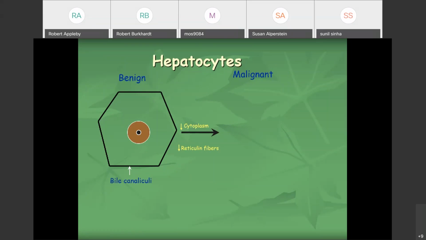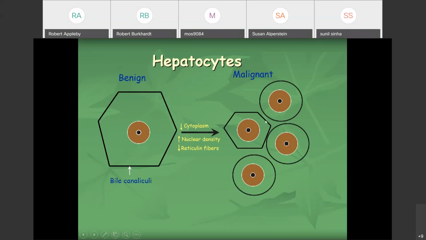Nuclear size is constant, but cytoplasm reduced. Because cytoplasm reduced, so you have increased nuclear density. See, once it becomes malignant, become like this.